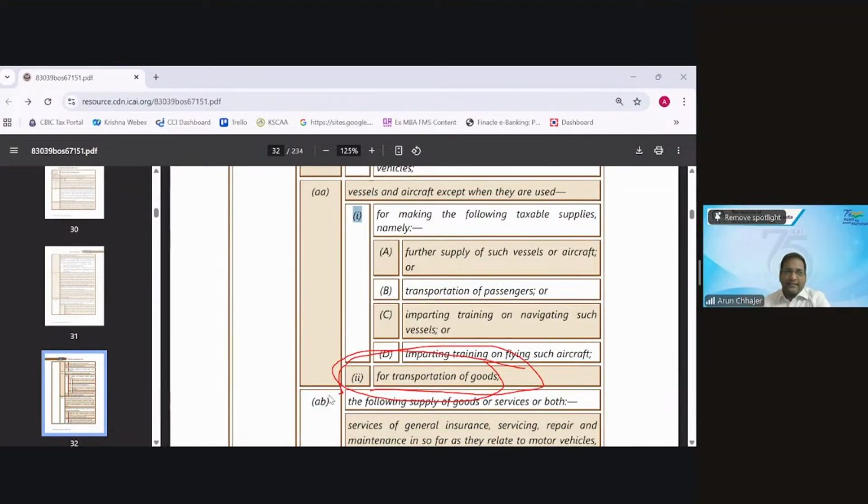Now tell me one thing. Now Yogesh and Geet, my question to you: whether exempt supply is taxable supply? Whether exempt supply is taxable supply?